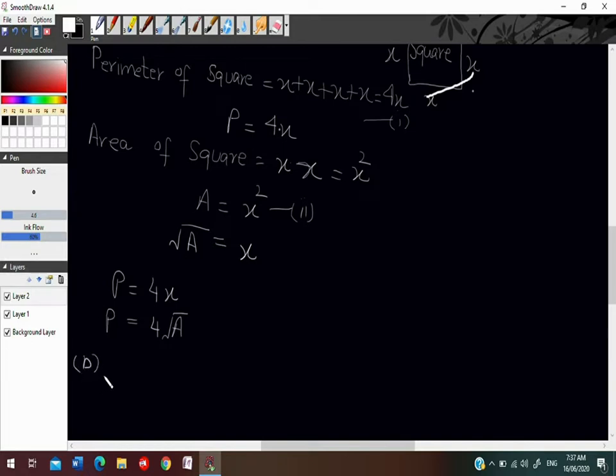Let the area A of a circle as a function of its circumference C. So let the radius of circle is x unit. And here we draw the circle.